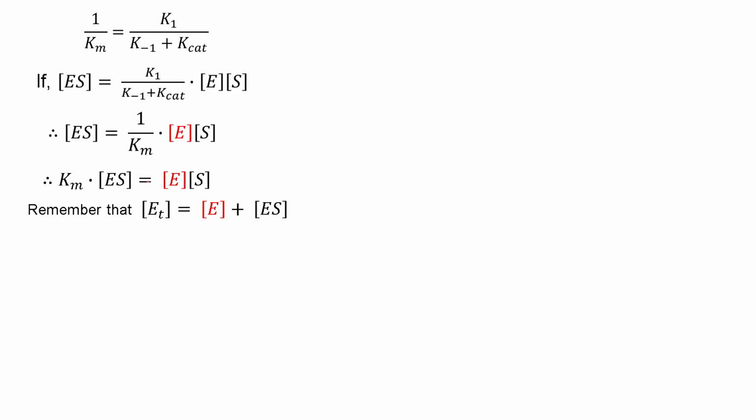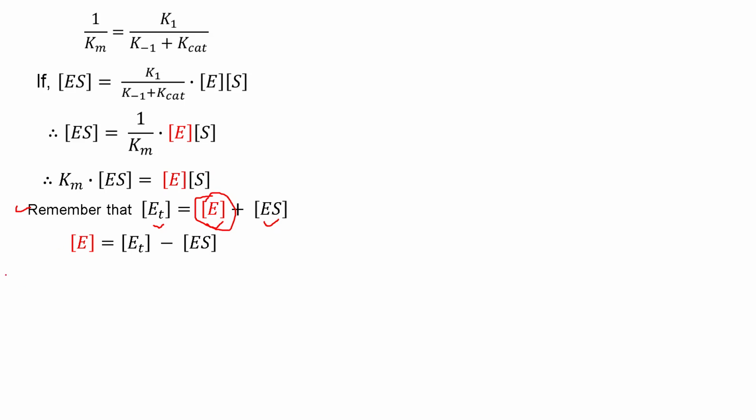But you should remember the fourth assumption, that total enzyme is equal to free enzyme plus our ES. Now, if you make the free enzyme the subject of the formula, I have to color the rest so that you know that what we're talking about is free enzyme.